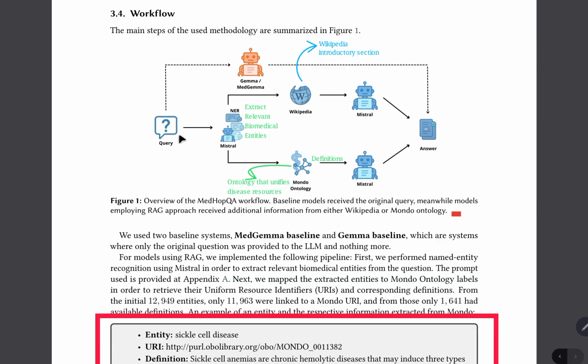We have two baseline models, Gemma and MedGemma, where we feed the queries to the system and the system outputs the answers. For our RAG models, we have Mixtral Wiki and Mixtral Onto, where we give the query to an intermediate system of Mixtral, which performs named entity recognition to extract relevant biomedical entities.